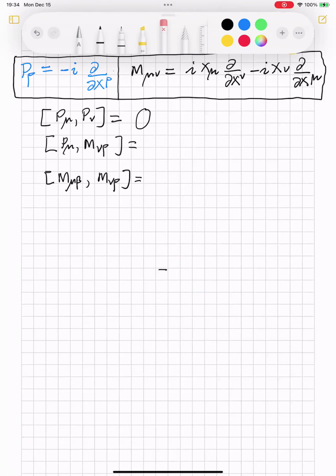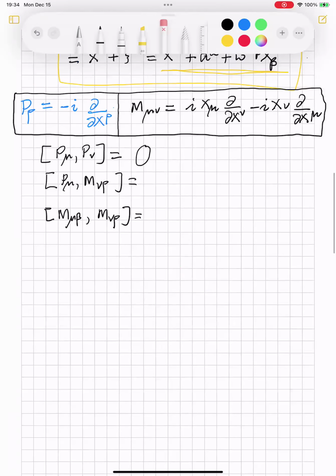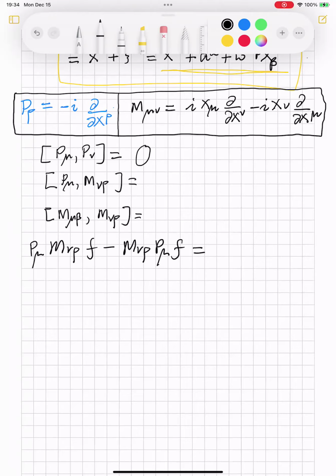Good. Now let's take a look at the commutator that we want to calculate. We want to calculate P mu M nu rho acting on a function f, minus M nu rho onto P mu, also on f. Okay, so what is this equal to? Let's plug in the expressions that we know for our generators.